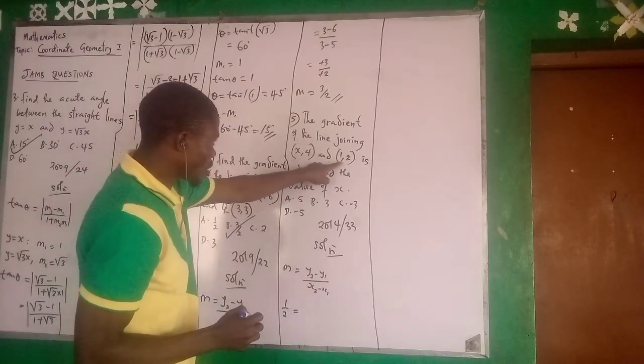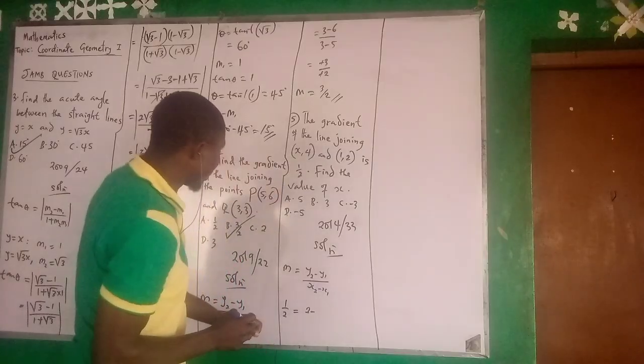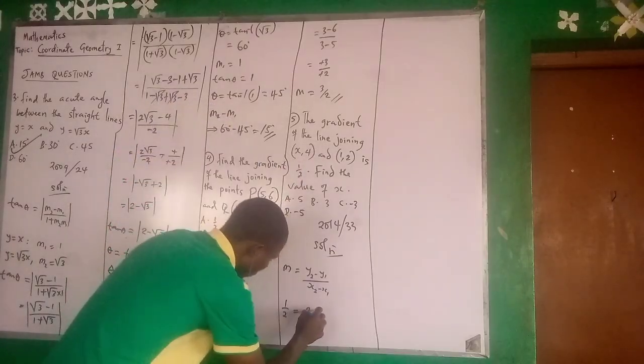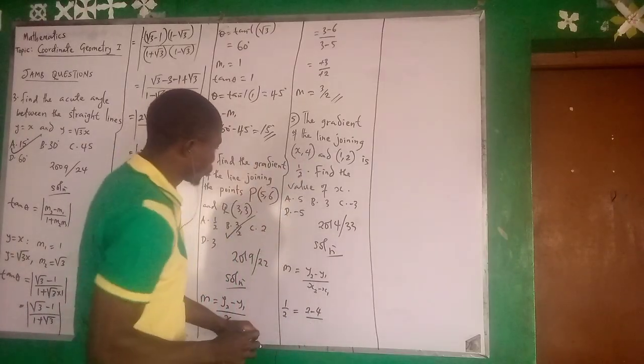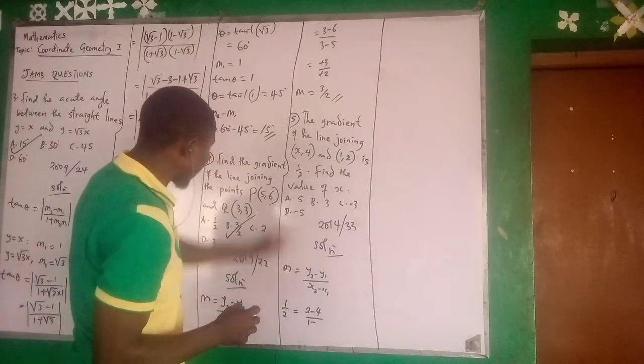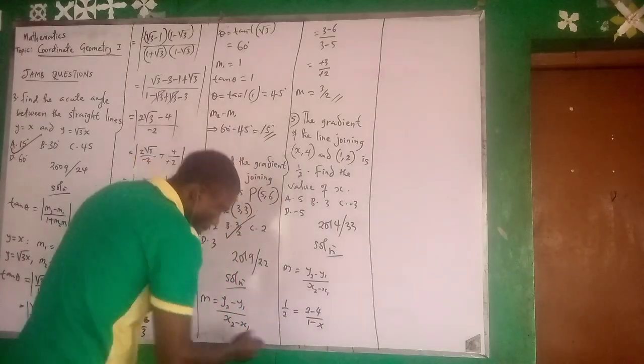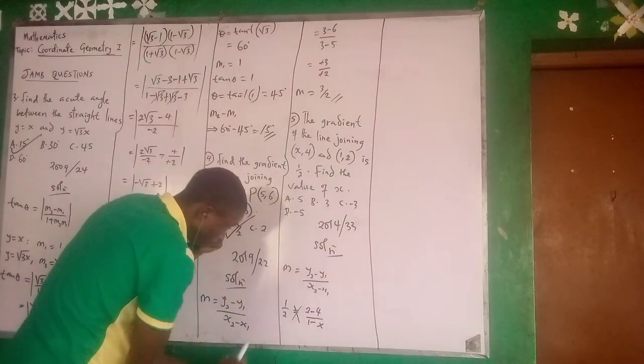First bracket, second bracket. y2 is 2 minus y1 is 4, all over x2 is 1, x1 is x. At this point, let me cross multiply.